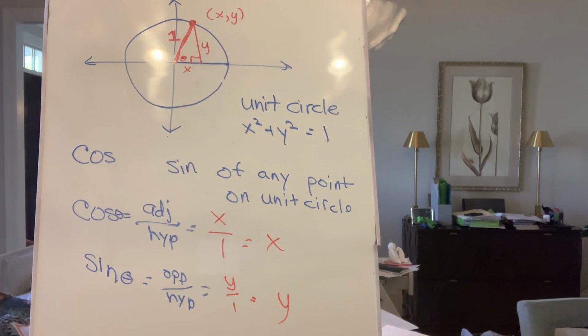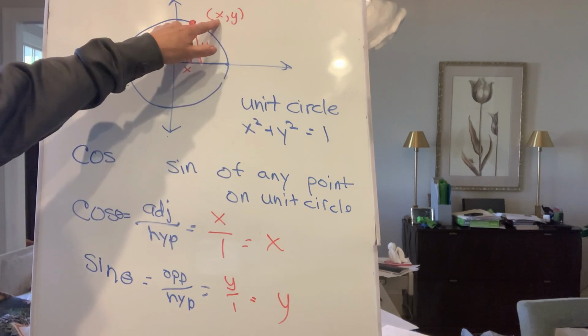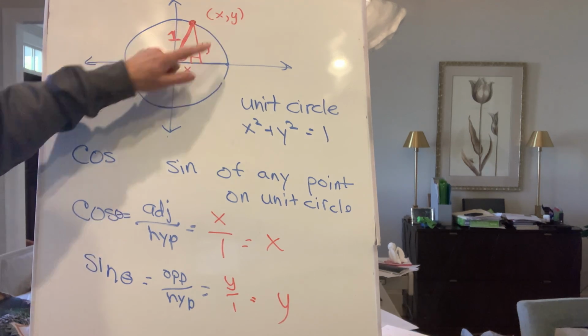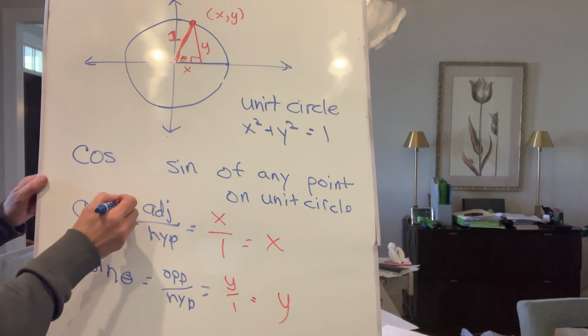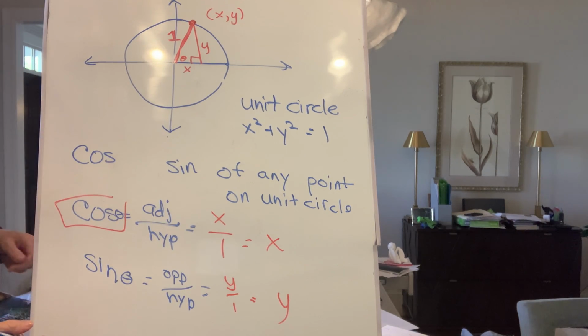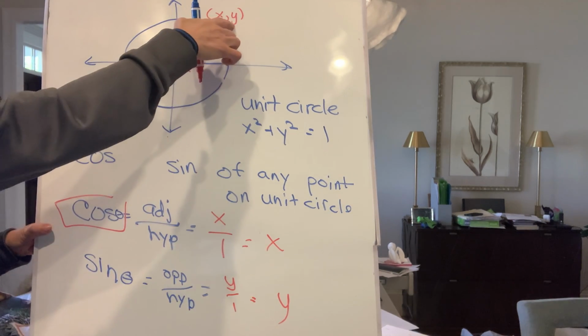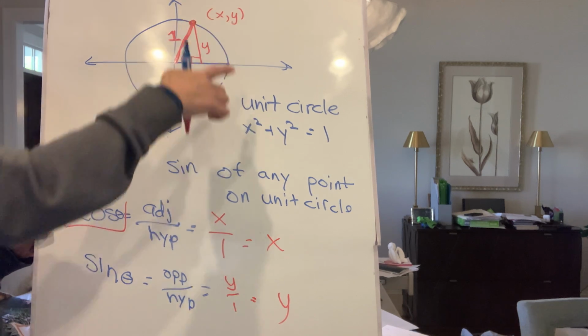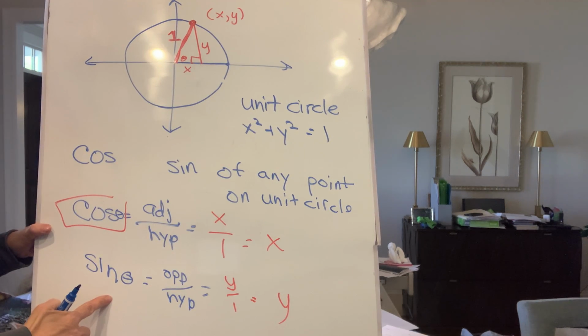So on a unit circle, think about this now, the x value equals the cosine of the angle formed. And this y value equals the sine of that angle formed.